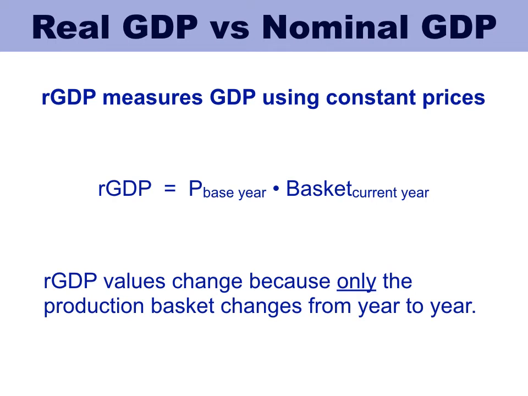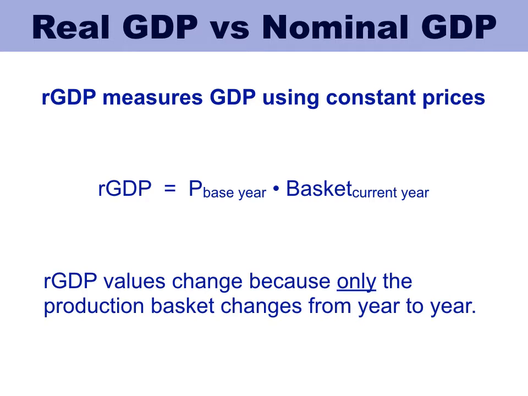So let's take a look at real versus nominal GDP. For real GDP, we're going to measure the prices using constant prices. That means that we're going to take the price in what we call a base year and multiply it by the basket in the current year. I'm going to use base year prices and multiply them by the current year basket. Now, if we look at this, we see that the value of the real GDP is only going to change because of the size of the basket.